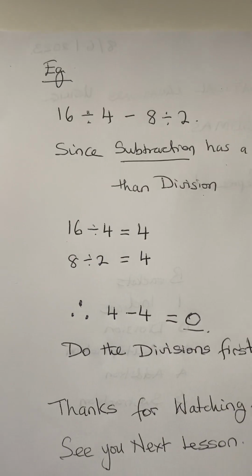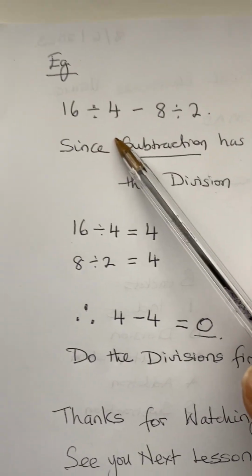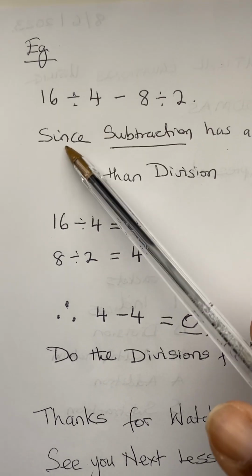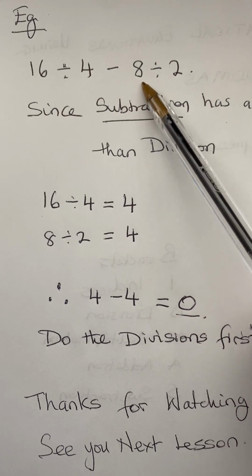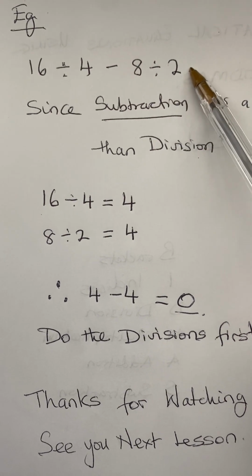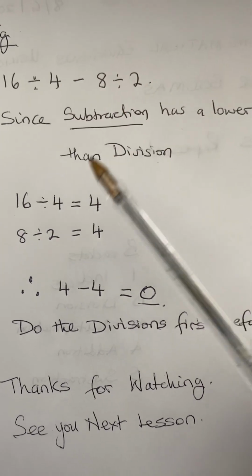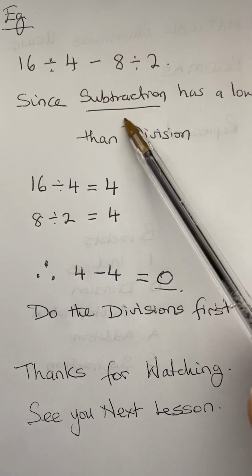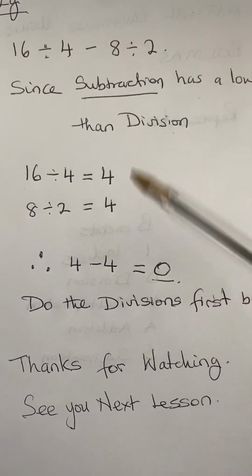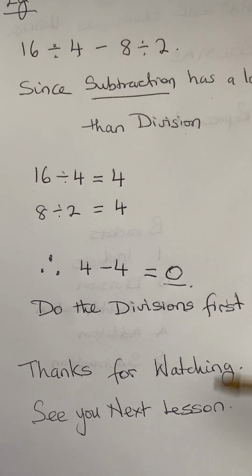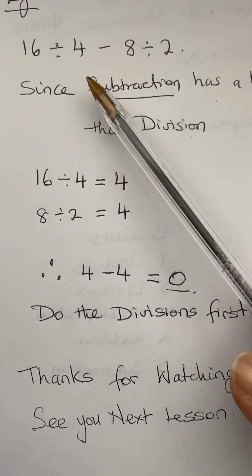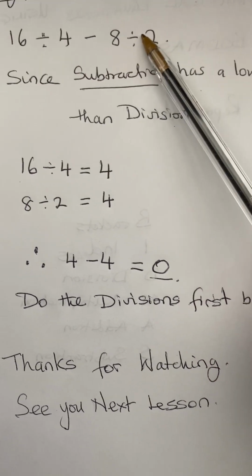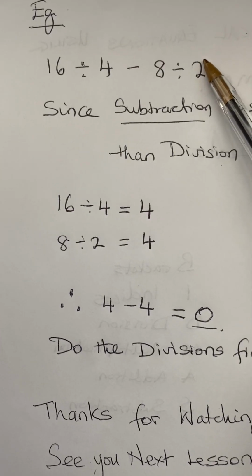The next example I'm going to show you today is 16 divided by 4 minus 8 divided by 2. So as we have seen, subtraction has a lower precedence. So we will solve that last, but we'll have a look at the division bits.